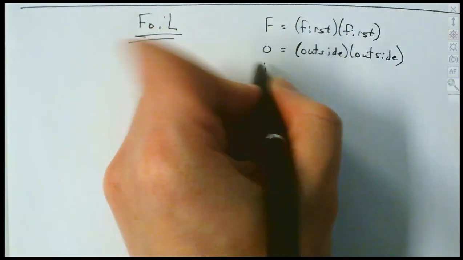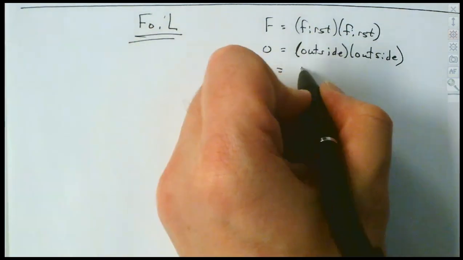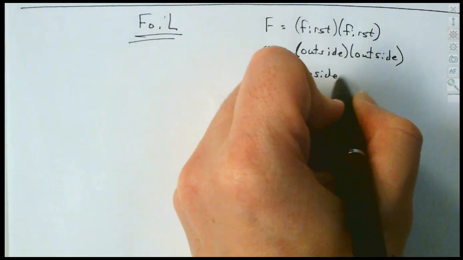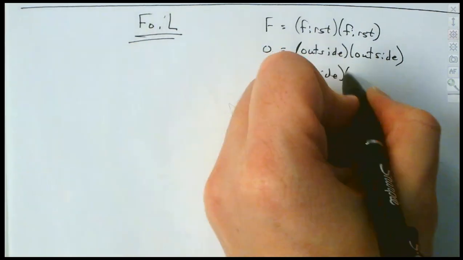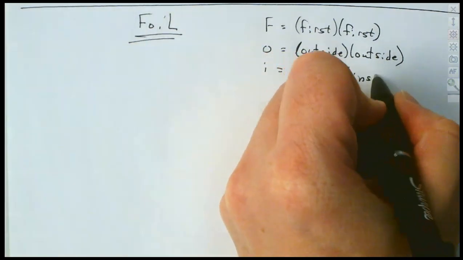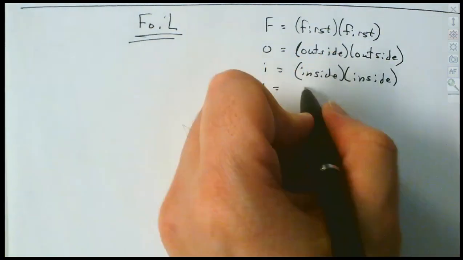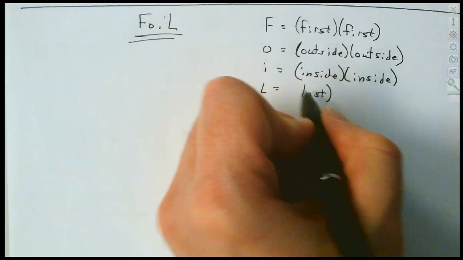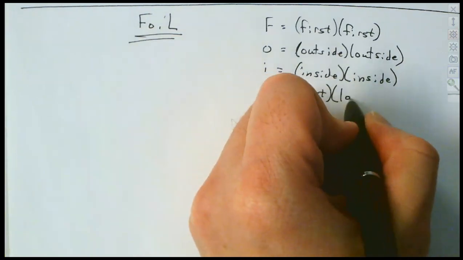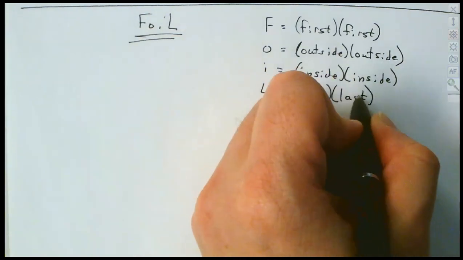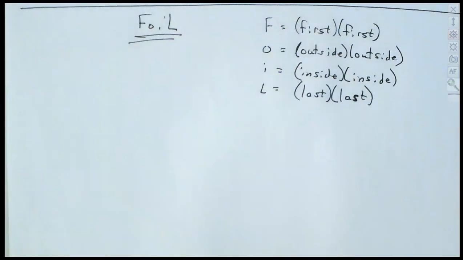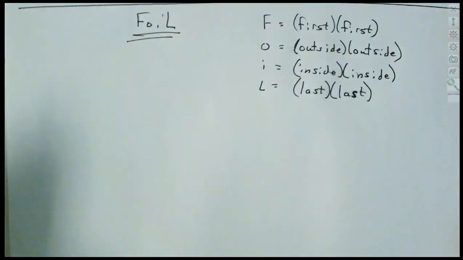And then the I is the inside times the inside. And then finally the L is the last times the last. Okay, so we're going to learn how to FOIL today.